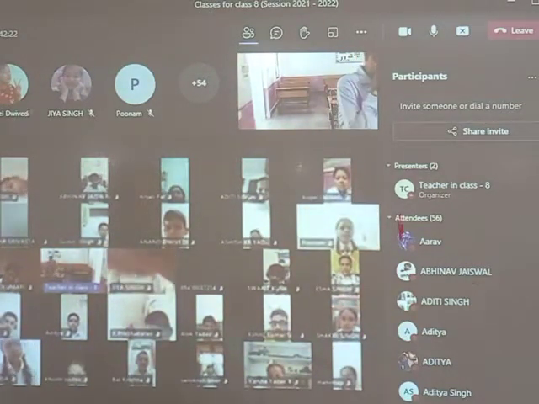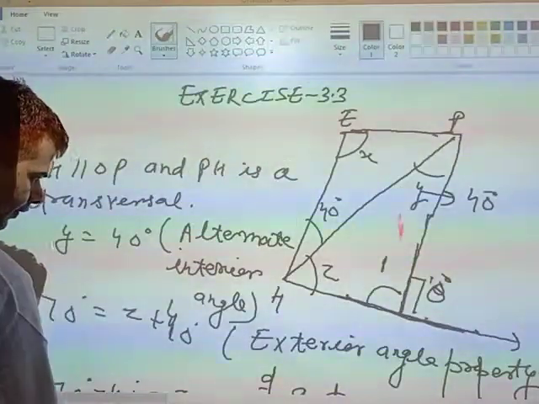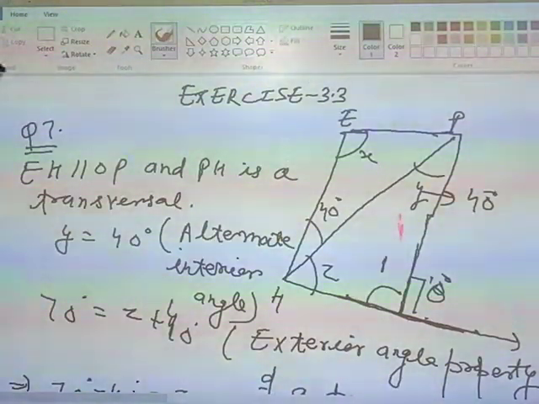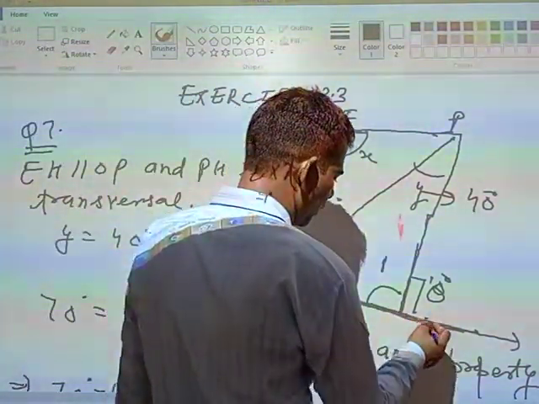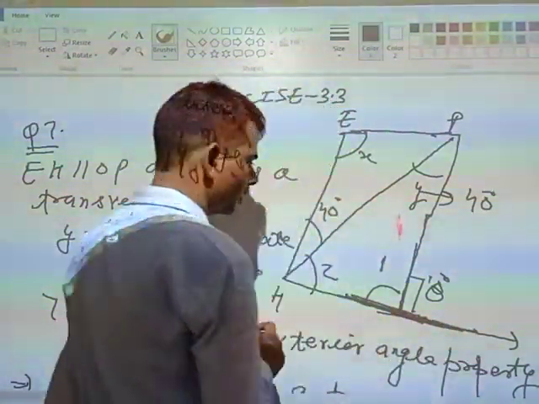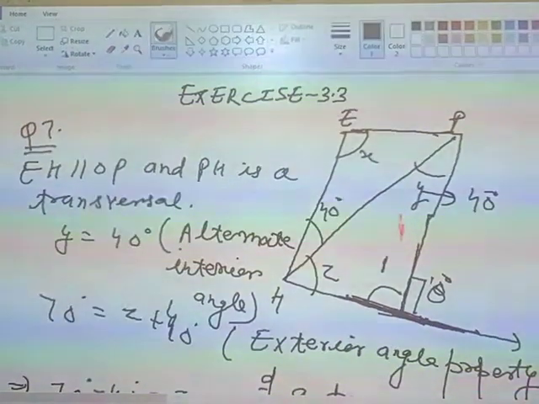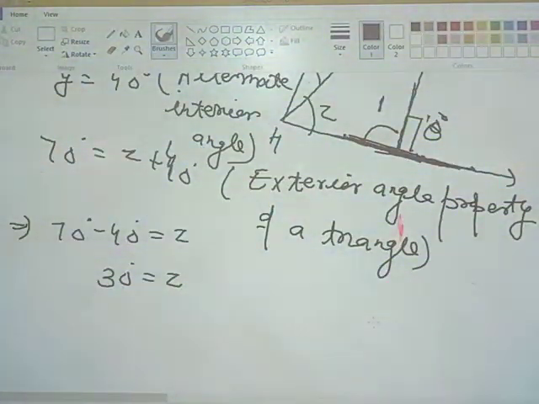Poonam. Angle 1 plus 70 will be equal to? Please tell me. That is 180.